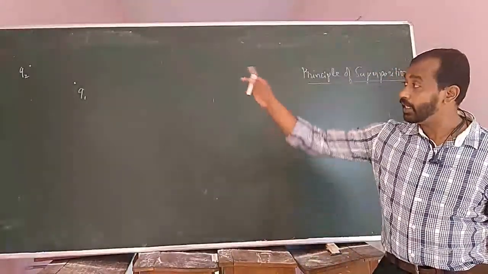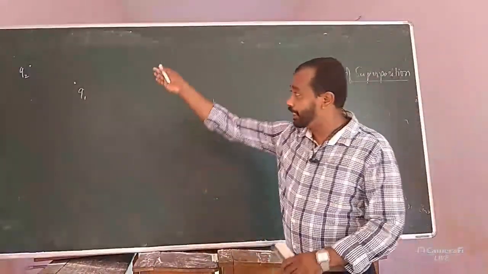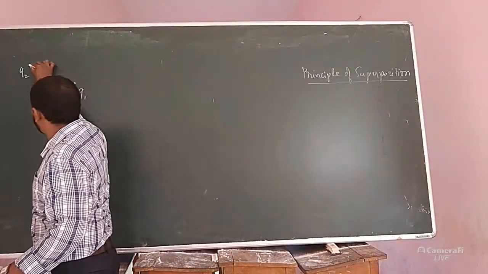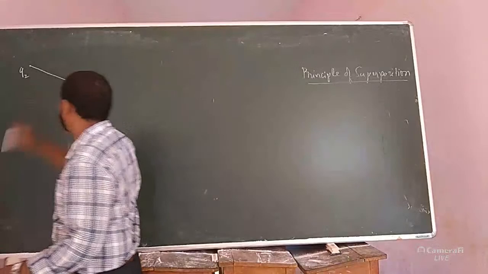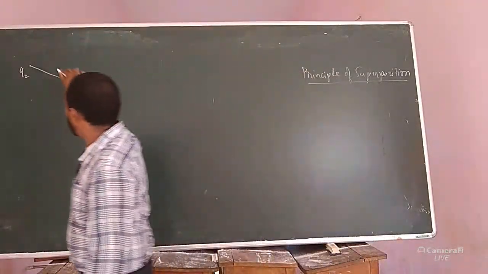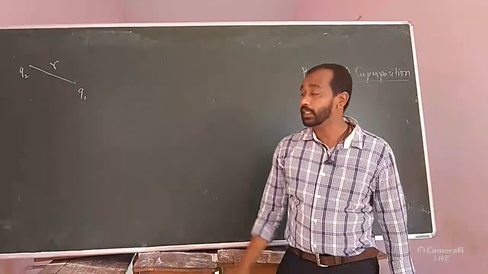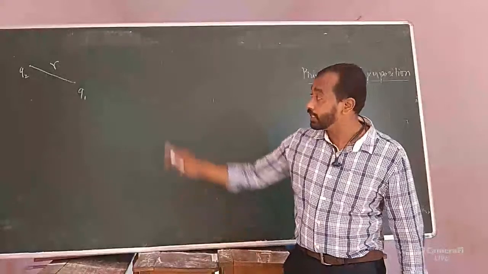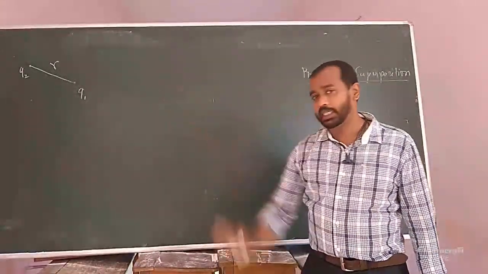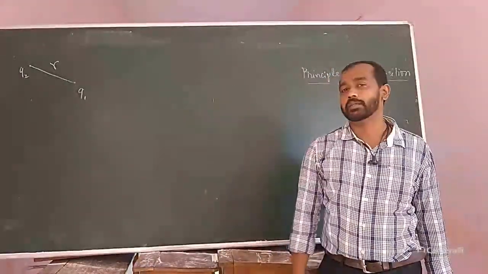Now we are going to consider the charge Q2, which is placed at that position, and the distance of the charge Q2 from Q1, this distance, which will be represented as r itself. But here the problem is that there is another distance also, the distance of the charge Q1 from the charge Q3, which is not yet represented here.